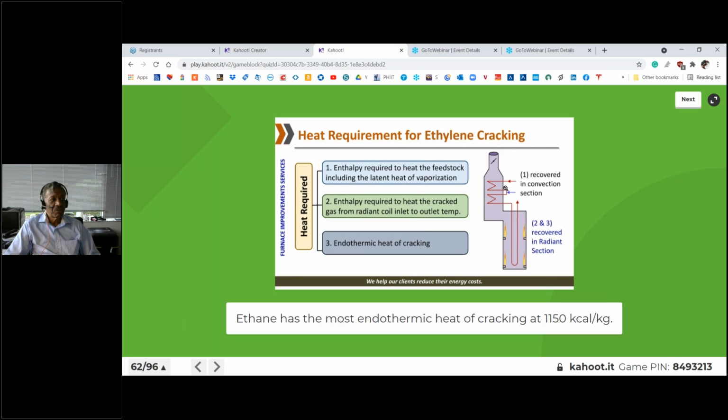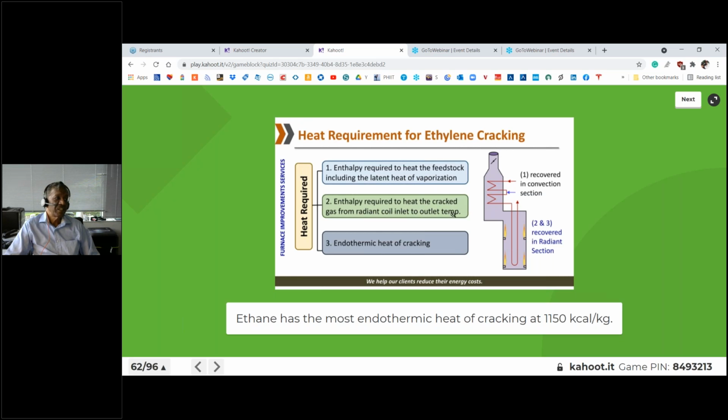Typically the crossover temperature is around 1100 degrees F. So you want to heat the feed, which may be coming in at 100, 200, 300 degrees, all the way to 1100 degrees. You also have to heat the steam that you are putting in with it.